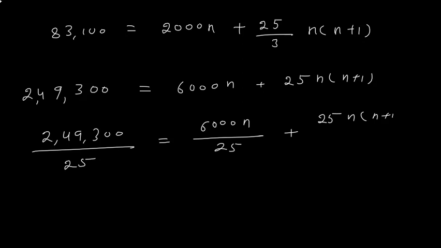Here 25 cancels. Here 25 times 10 is 250, then 100, 25 times 4 is 100. So 240n. Is it correct? Okay, 240.